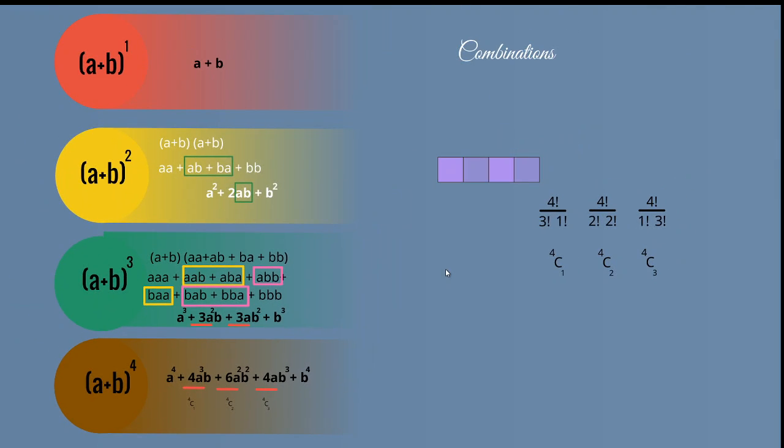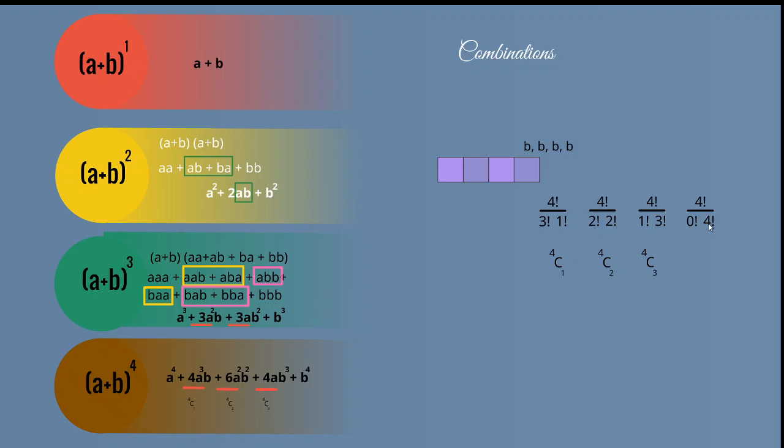Now what about this thing? If I give you 4 B's, B, B, B, B, how many ways are there to arrange them? It is 4 factorial divided by 4 factorial because 4 B's are there, and 0 factorial because no A's are there. The number of A's is 0, so 0 factorial.